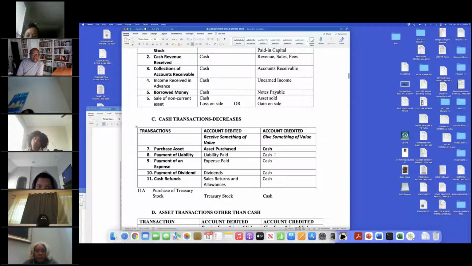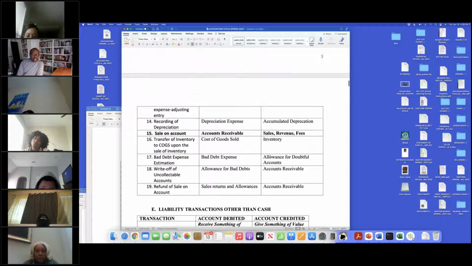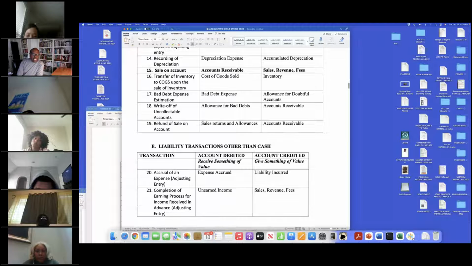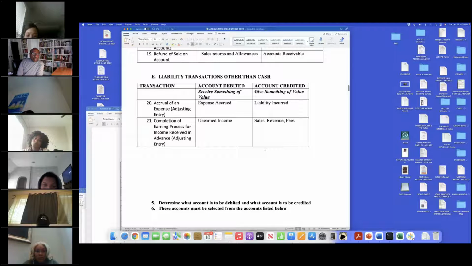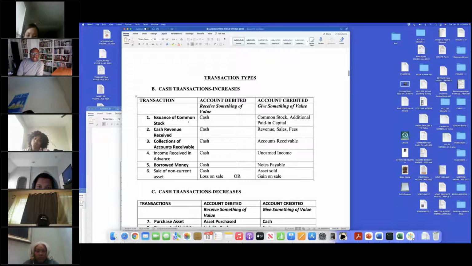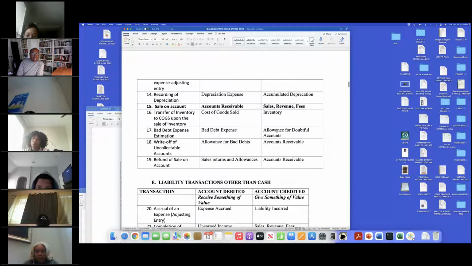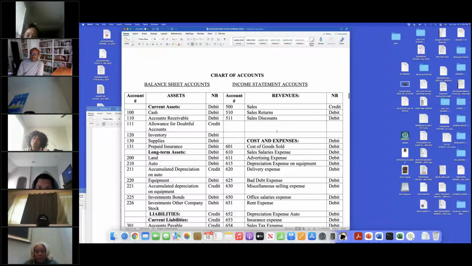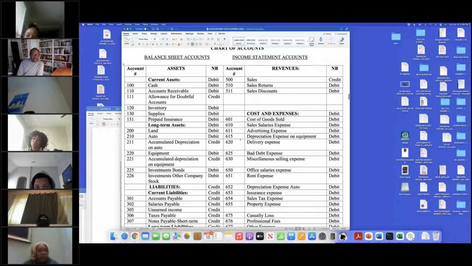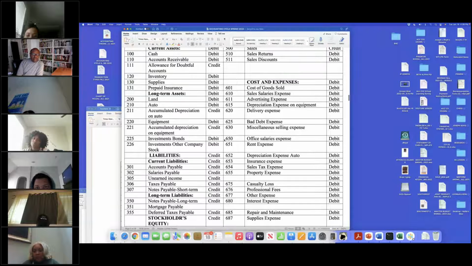And so what this chart does, and you should have this chart in course content, you're asked to tell what type of transaction it is and then say what you're going to debit and credit. And when we make journal entries, we also have this chart of accounts. The accounts in the journal entries come from the chart of accounts. So you have to use something with a number.